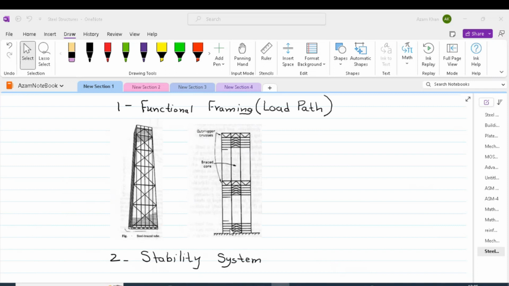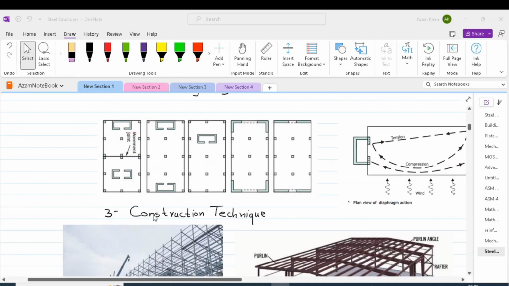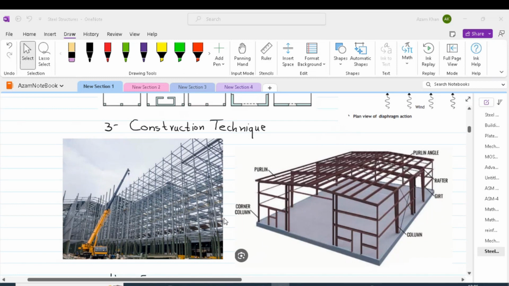So, instead of using the conventional way of going from bottom up, we can come from top down. So, in the case of construction technique also, the structural engineer would have a choice of using an appropriate technique, which would save time and money.